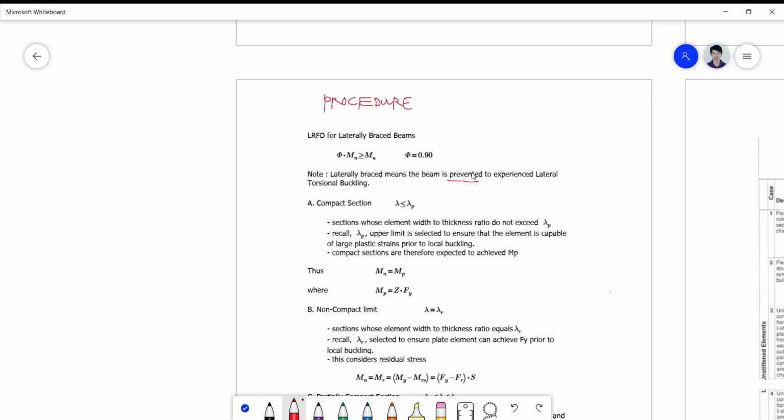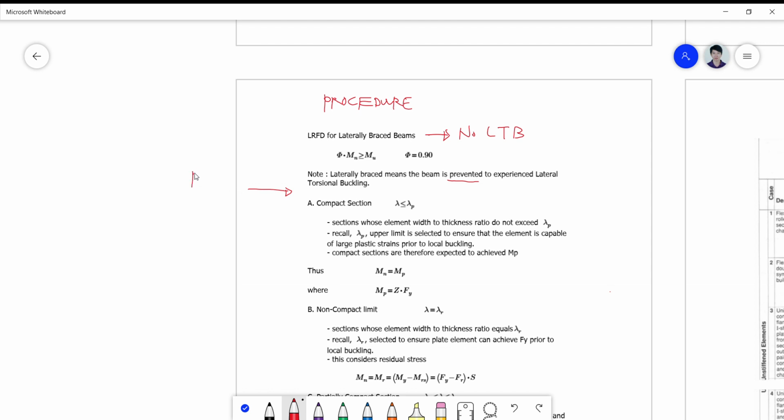It is prevented, so this will actually ensure us of a behavior with no lateral torsional buckling. And the definition of compact and non-compact sections will now be the main agenda for the procedure.